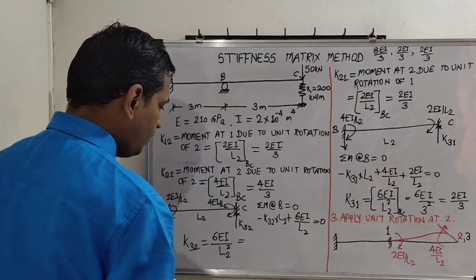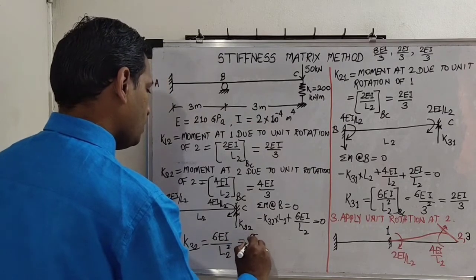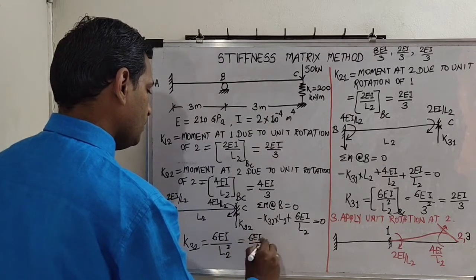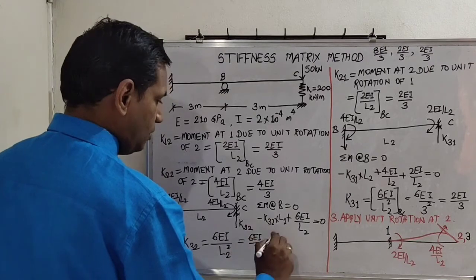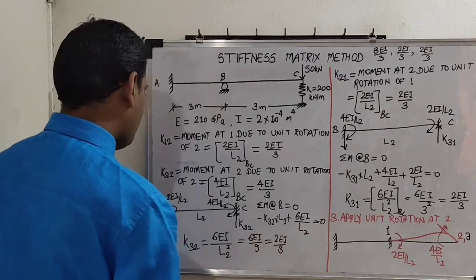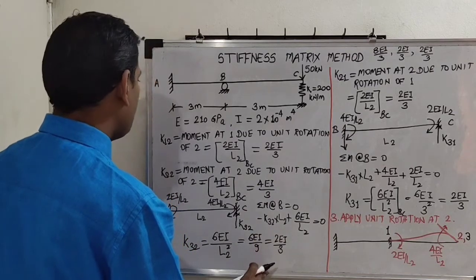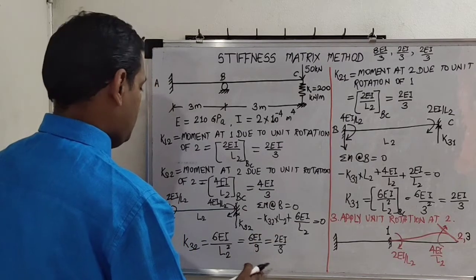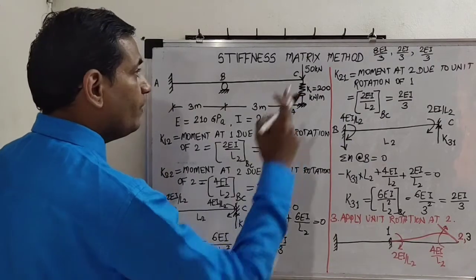So how much is the value? 6EI upon 9. It means 2EI upon 3. K32 is 2EI upon 3. Okay. So we will note down them here.